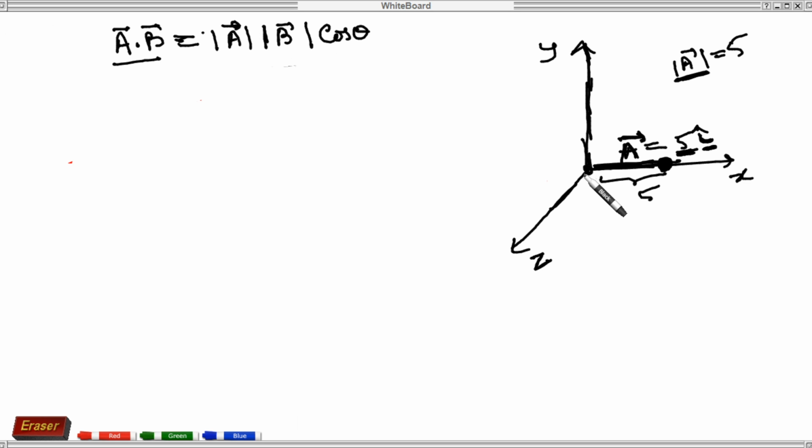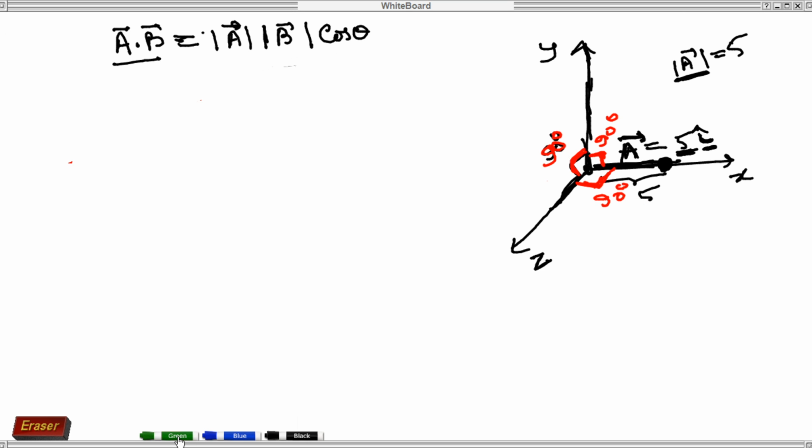There is another vector. Actually, you might be aware that the angle between y and z is 90 degrees. This angle is 90 degrees, this one is also 90 degrees, and this one is also 90 degrees.